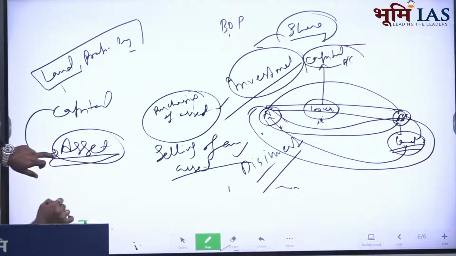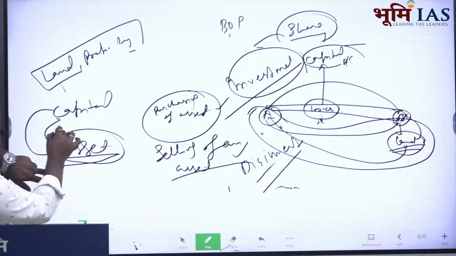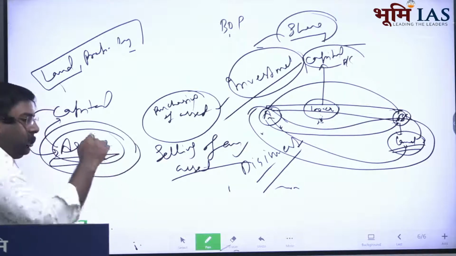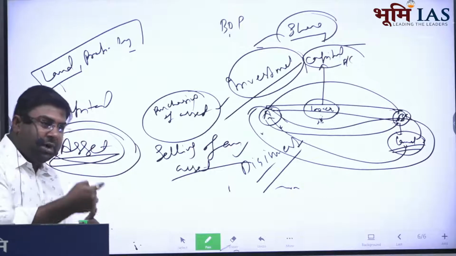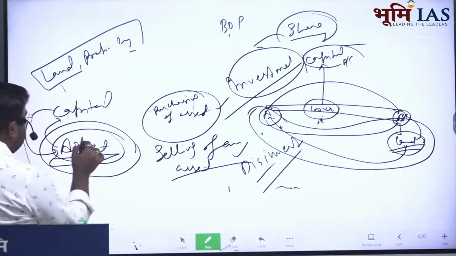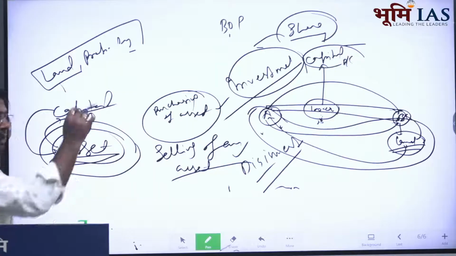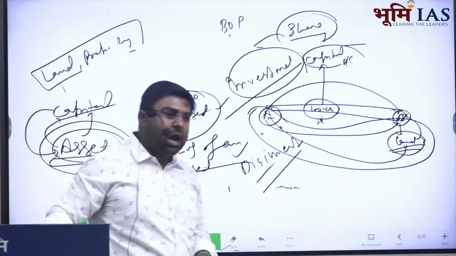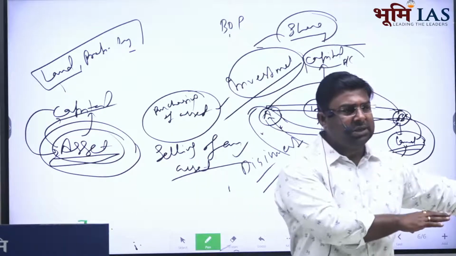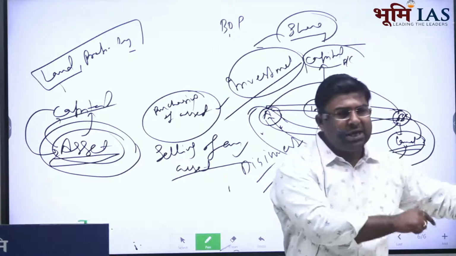In which condition would an asset be treated as capital? When that asset is used in a commercial manner to generate profit, in that case that asset would be treated as capital. For example, I have a piece of land, but I am not using it in a commercial sense. That piece of land would be treated as an asset for me.